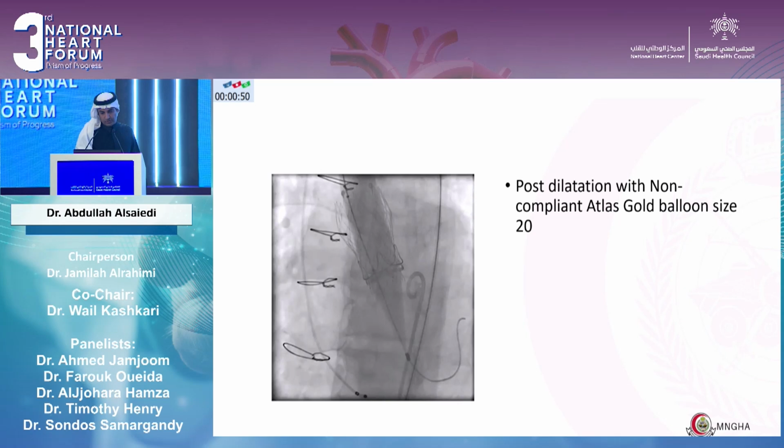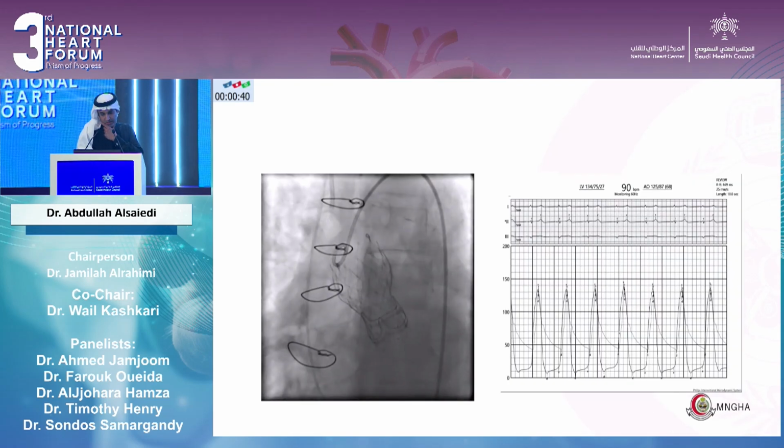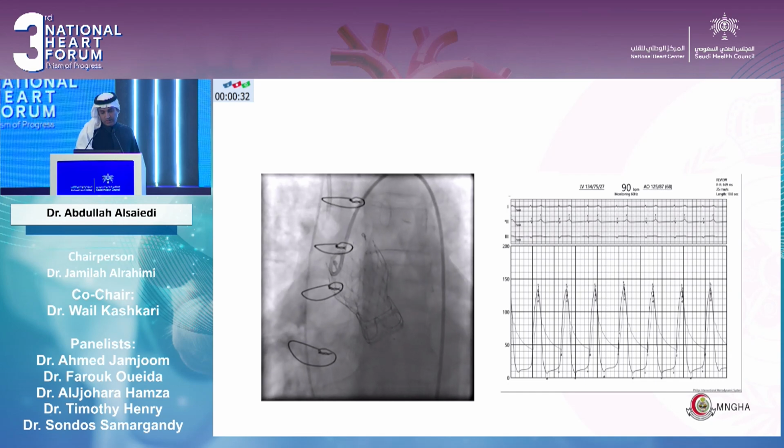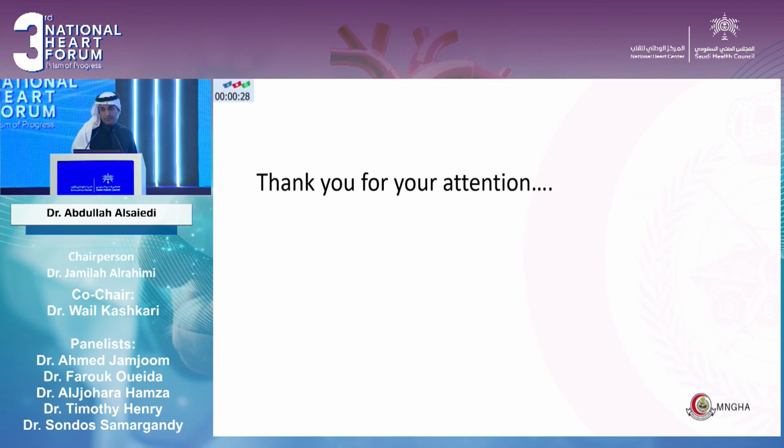So what we did was take a Crystal Atlas Gold non-compliant balloon, size 20, and did post-dilatation for this patient. Then the gradient came down to less than around 3 millimeters of mercury, which is a great result considering the patient. So thanks for your attention.